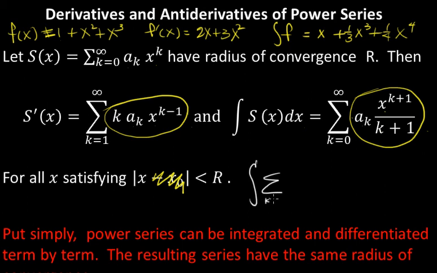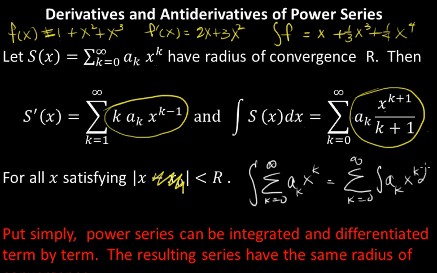The integral of the sum from k equals 0 to infinity of a sub k x to the k is equal to the sum from k equals 0 to infinity of the integral of a sub k x to the k dx. So it says if you're integrating the power series, you can have another power series of the terms integrated one at a time.